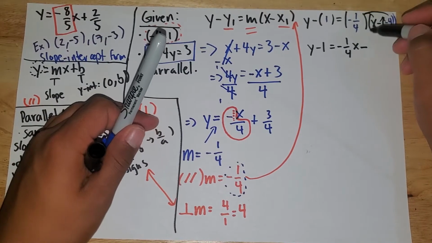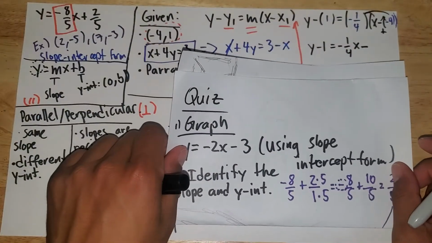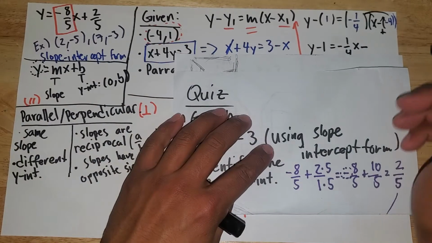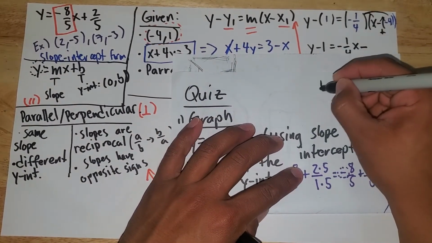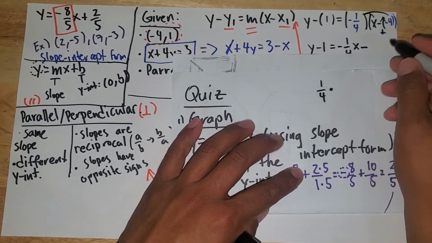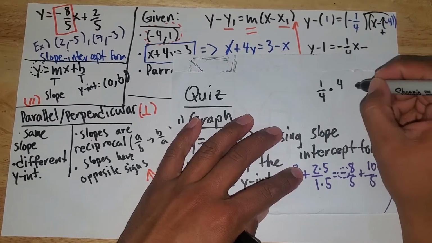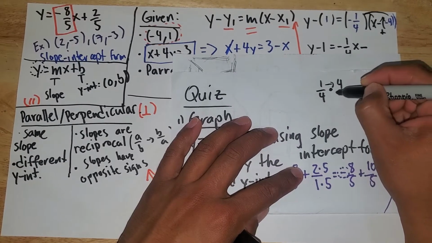And you can always do the work on the side if you want. I'll bring this sheet of paper back in. And we would do 1/4 times, we're not adding this time, times 4. So remember, to multiply fractions, you always multiply them straight across.